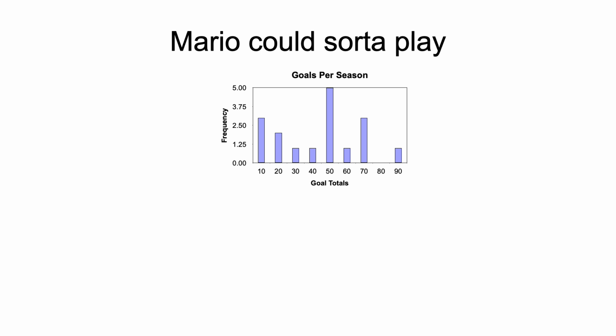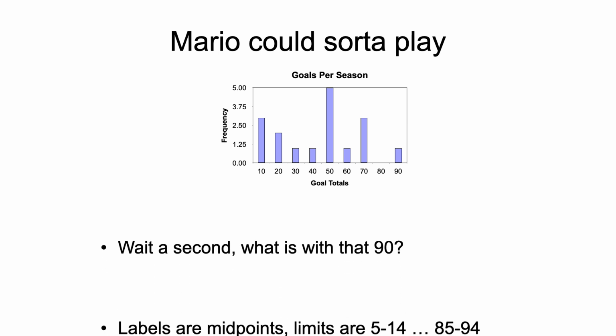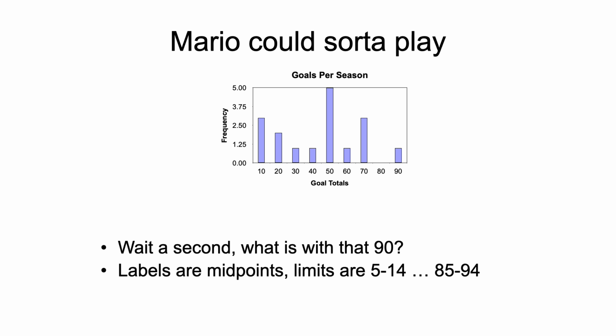This gives you an idea here of, he's had some great years, but also quite a few years where he's got very few goals. So that 90 is because the limits go from 85 to 94. So the limits of the category.